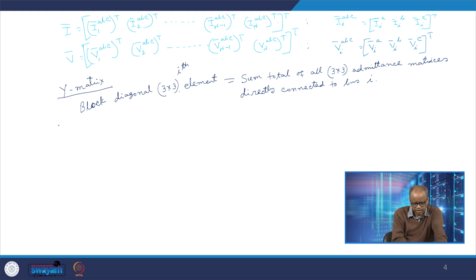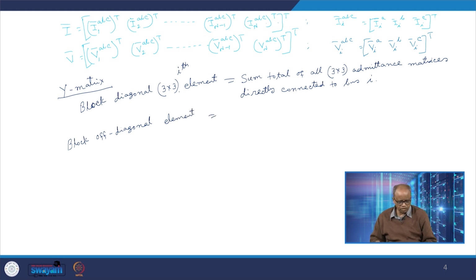And then the block off-diagonal element, there are two cases.